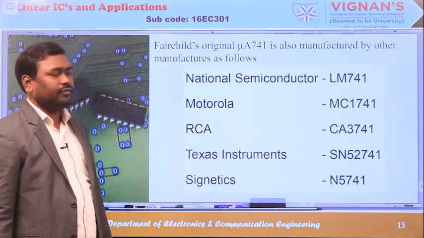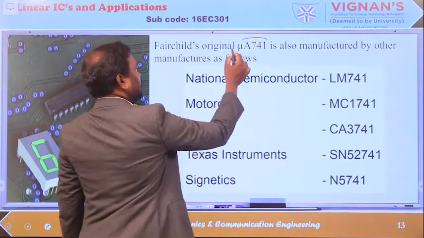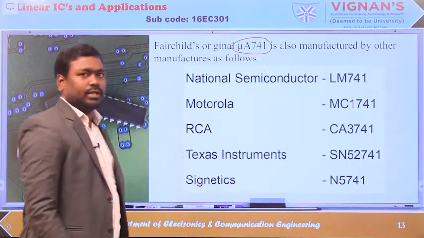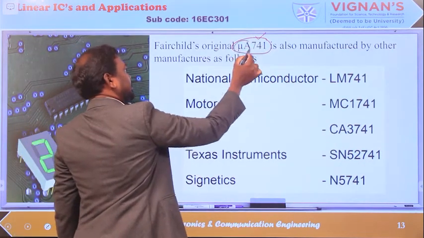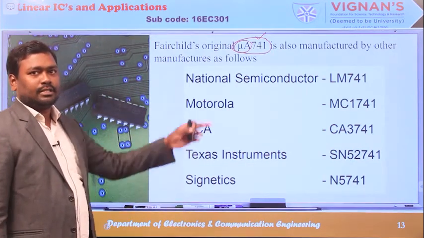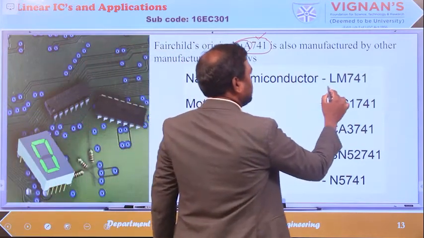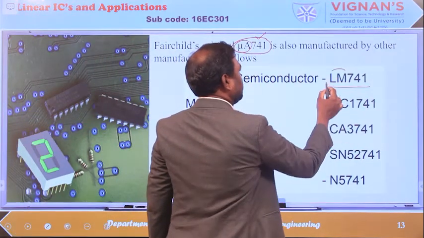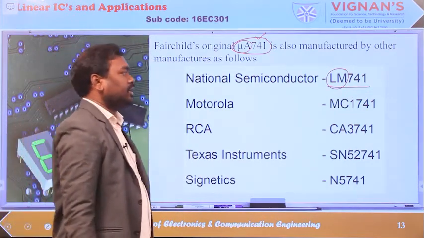See here, a few examples are given. This one is uA741. Here 741 is the number. The first letters represent the manufacturer. uA means this IC is made by Fairchild.